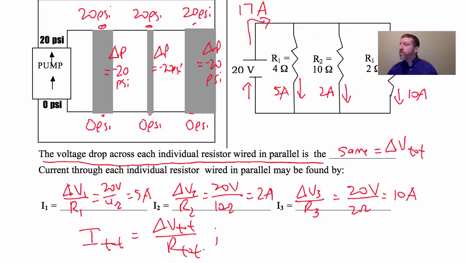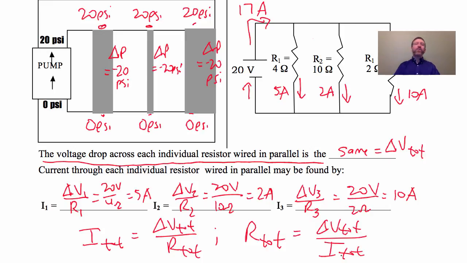So here's something that you could try to figure out. Without using the parallel resistors equation, what is the resistance of this entire circuit? You can find R total just by doing delta V total over I total. And it will work this way as well.